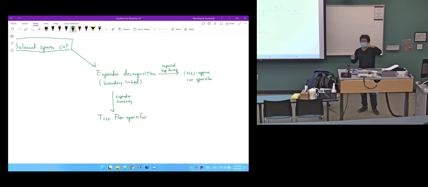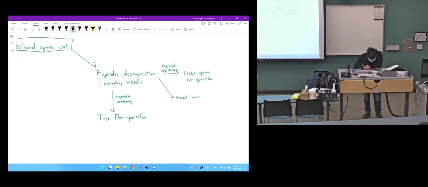For each edge, you look at the min degree between the two ends and sample according to that. It's very simple to sparsify an expander, so you can get a sparsifier of the whole graph, because sparsifiers are composable.